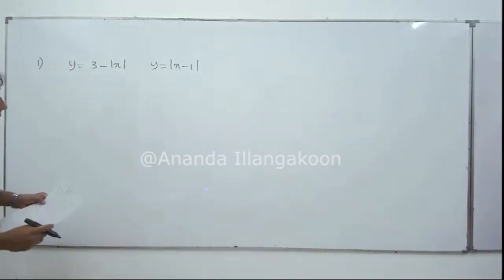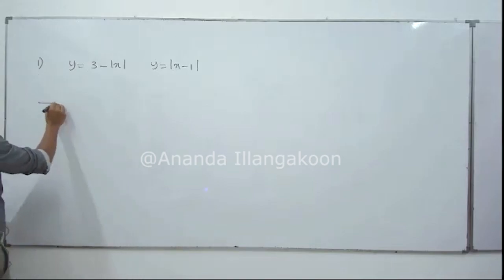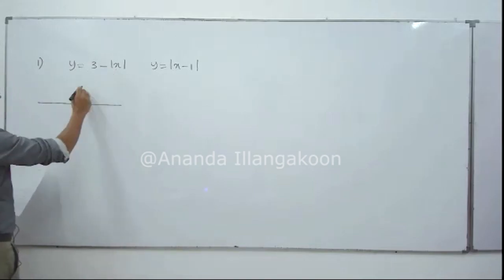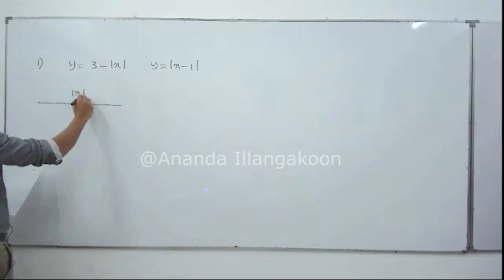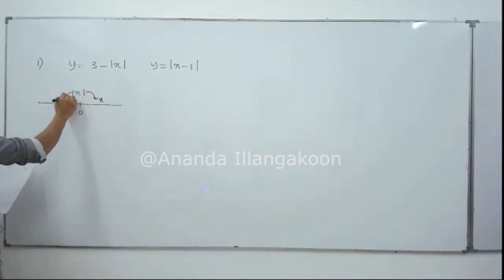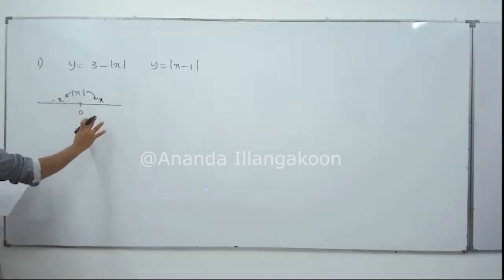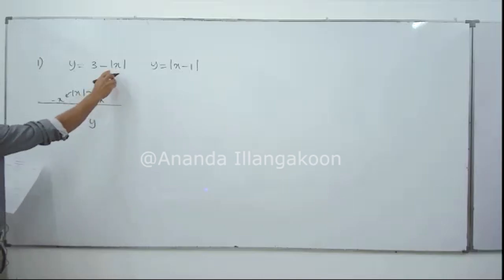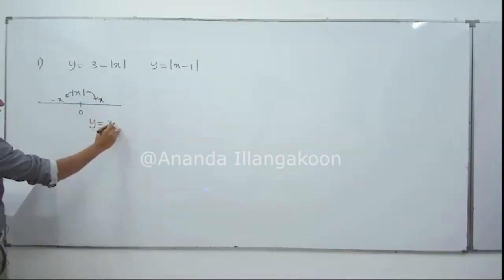I will first draw this one, the mod x graph. This mod x will first define. It changes at 0. On this side it is x, and on this side it is minus x. On the right of 0, this equation will be 3 minus x.